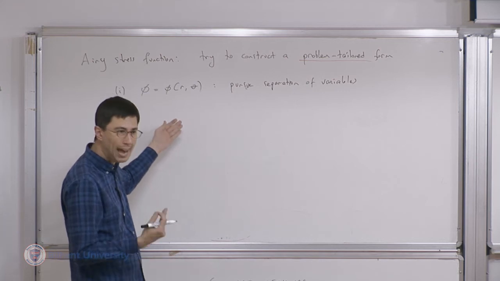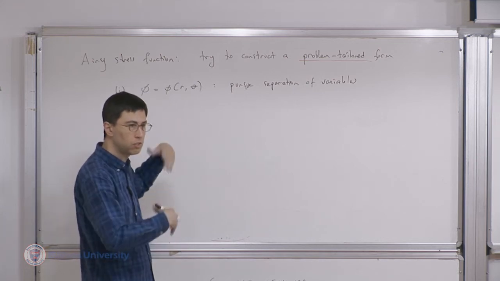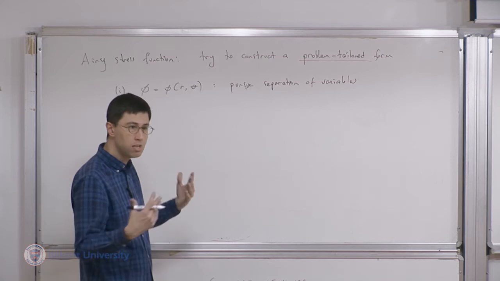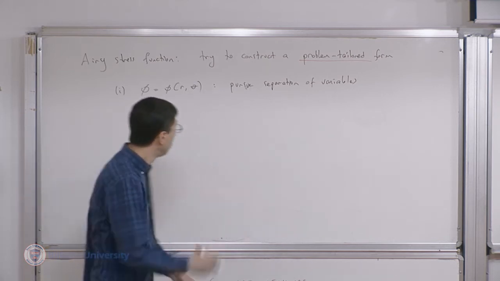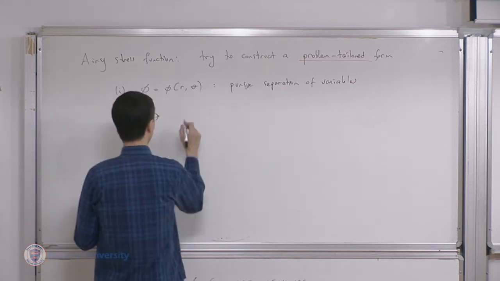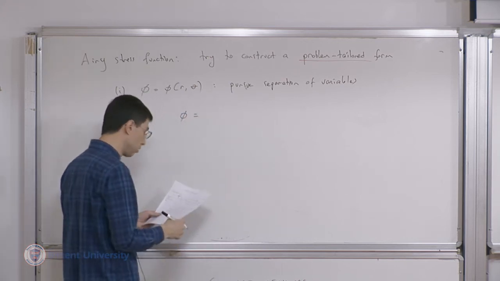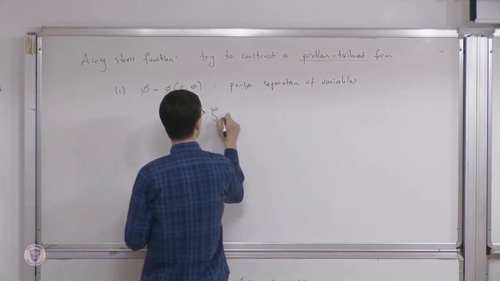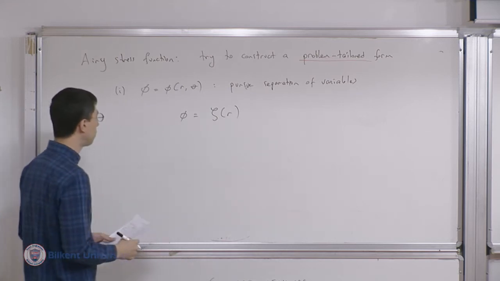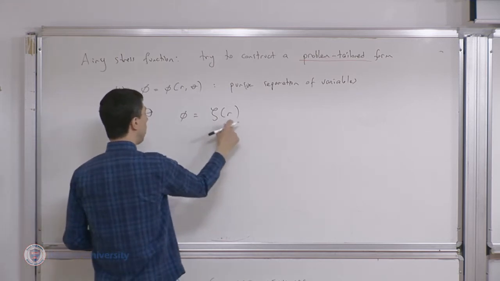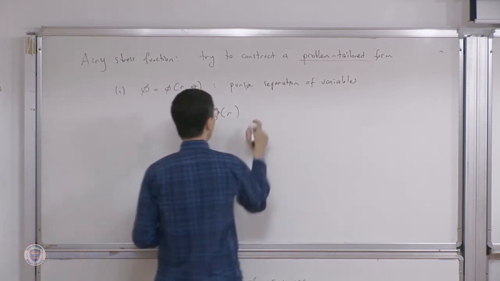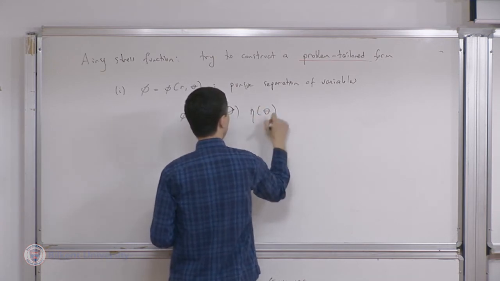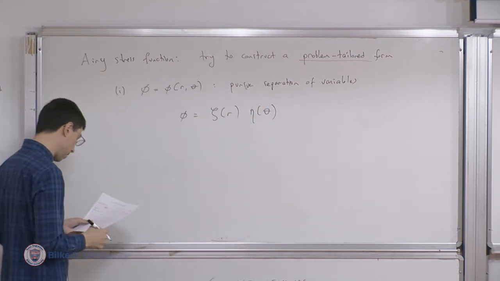So if you find a solution, and it satisfies everything, then it must be the solution. Okay, so we are proposing a separation of variables, and if it works, it must be the solution, and in this case as well, it is. So I'm going to propose that phi is a function of r alone, zeta of r, times a function of theta alone, eta of theta.